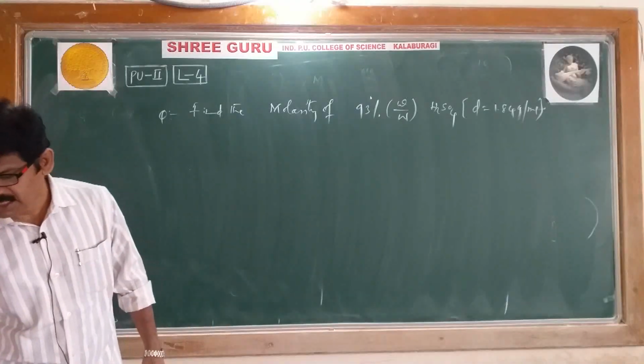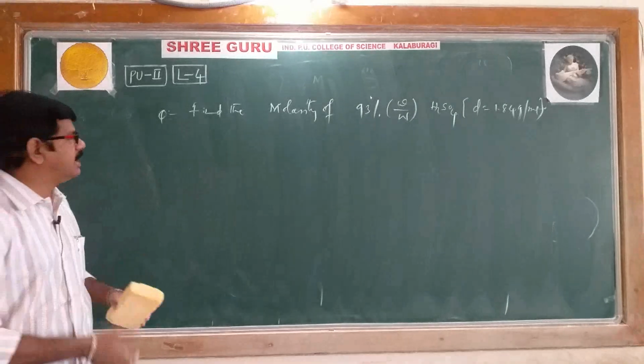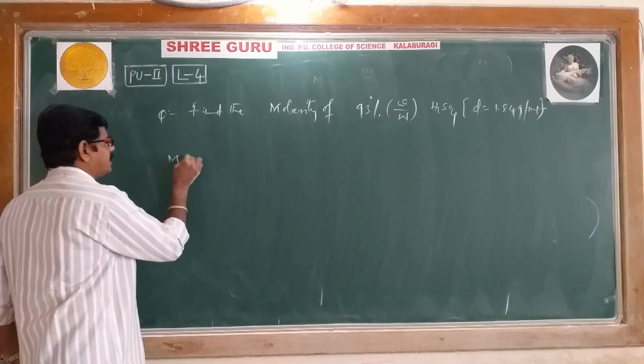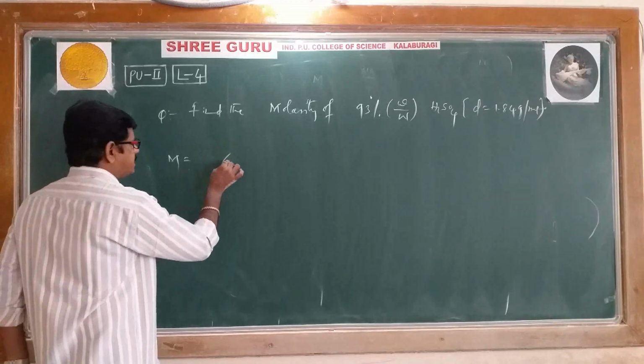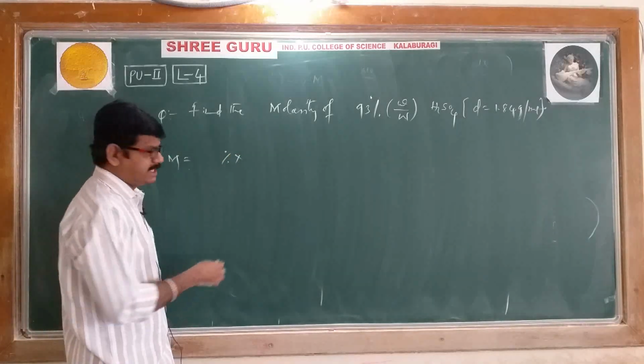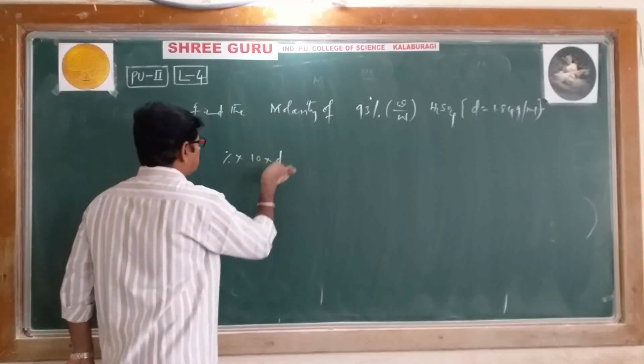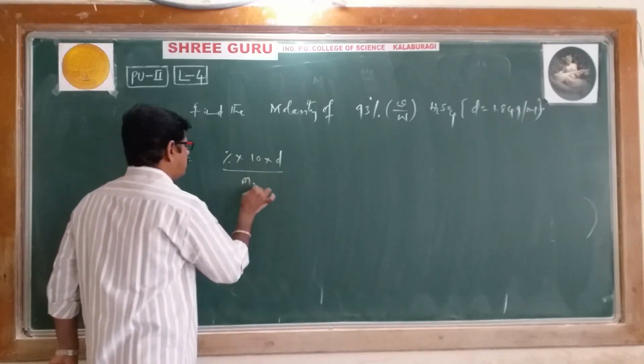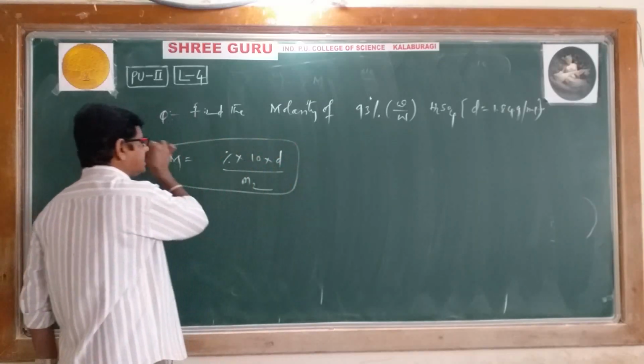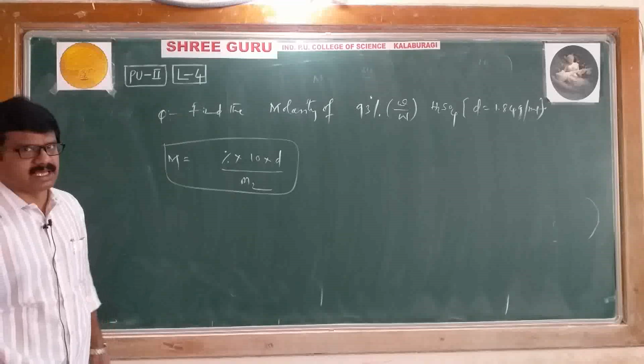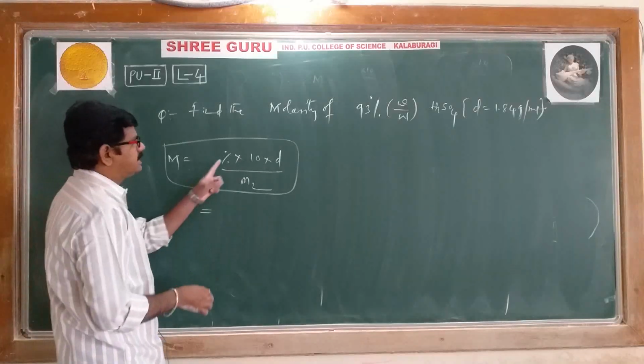Right. Now directly how to get molarity? Once again we'll write the formula. Percentage into 10 into density divided by molar mass of solute is our direct formula.